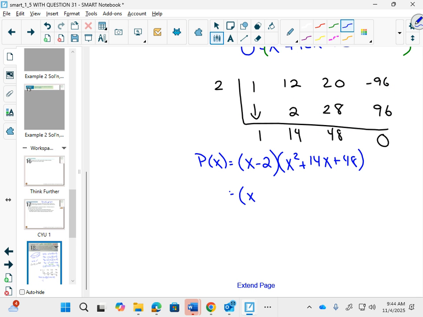Because algebraically, if we can factor this even further, there might be more than one right answer. And this does factor nicely to be x plus 8 and x plus 6.